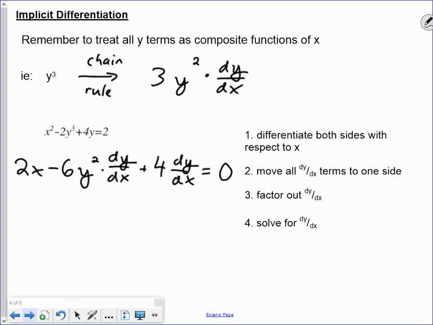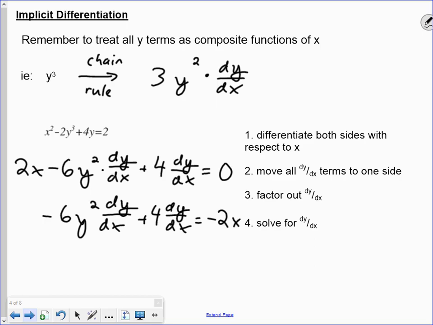Okay? What I'm trying to find here is an expression for the derivative. I want dy dx. So I'm going to move all the dy dx terms over to one side. In this case, it looks like all I have to do is move the 2x to the other side. So dy dx terms are going to equal negative 2x. All right.